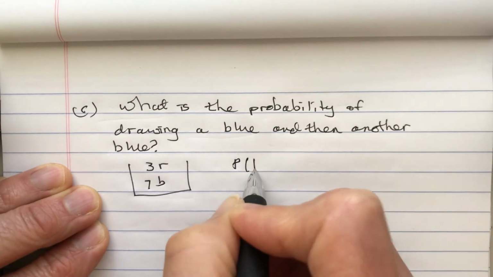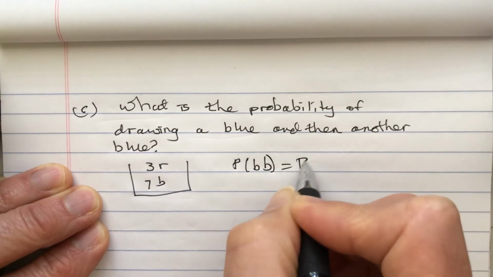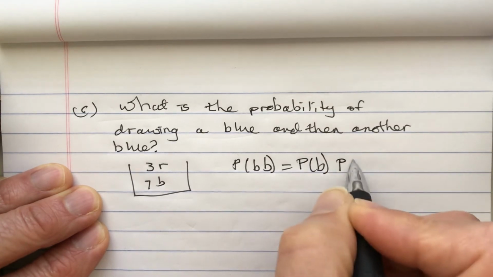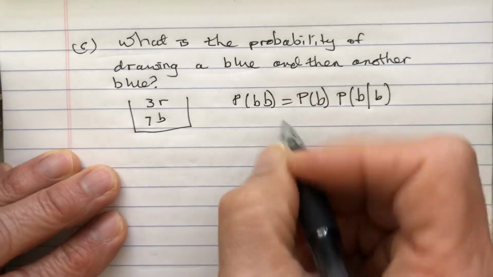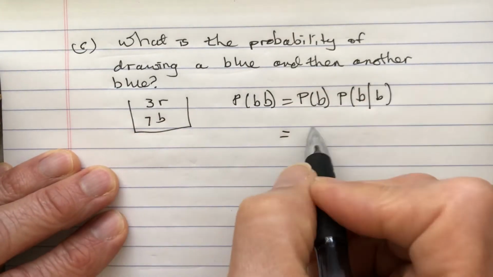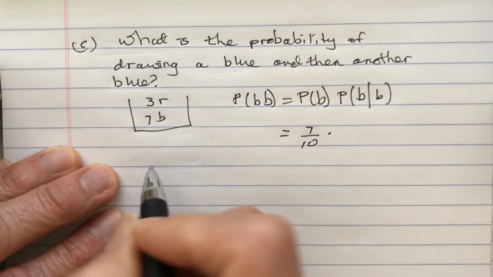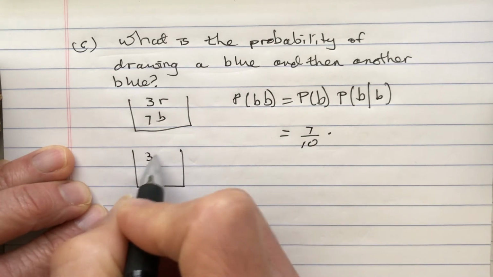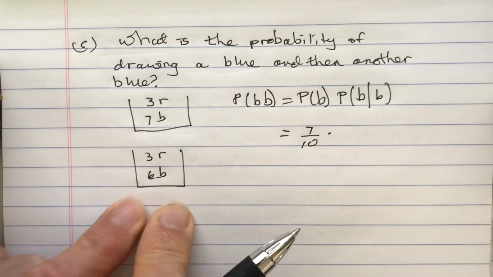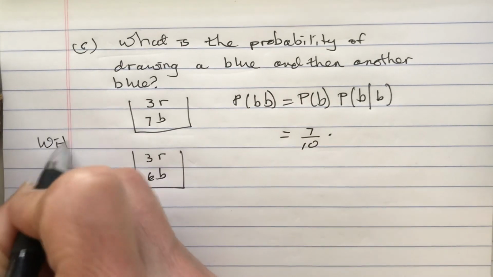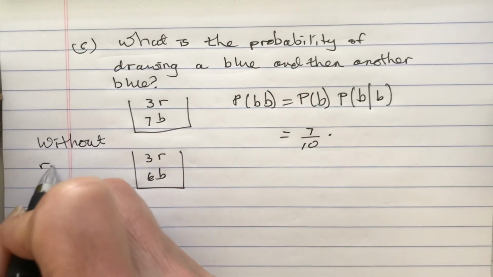We're looking at probability blue, blue. So it's the probability the first one's blue, times the probability that the second one's blue, given that the first one's blue. If you look at this box, 7 out of 10 are blue, then we multiply, but now we have a new box where there's only 6 blues because we're not doing this with replacement. This is without replacement for this problem.